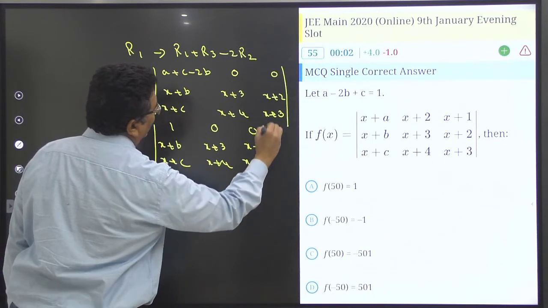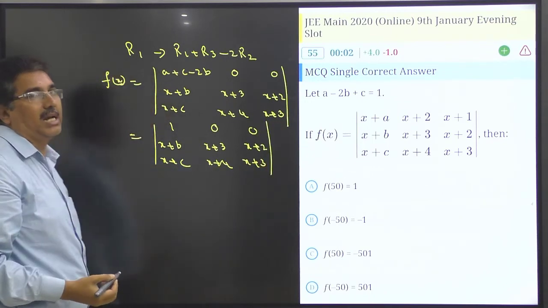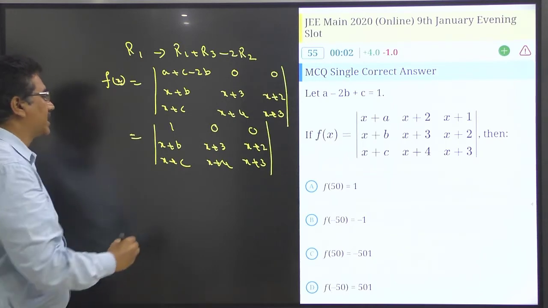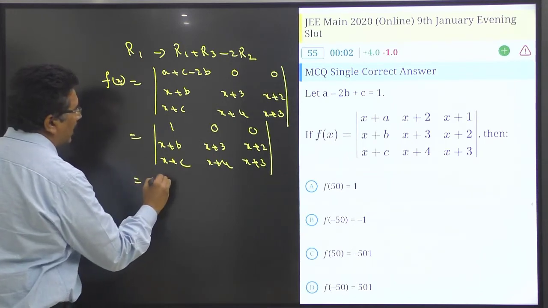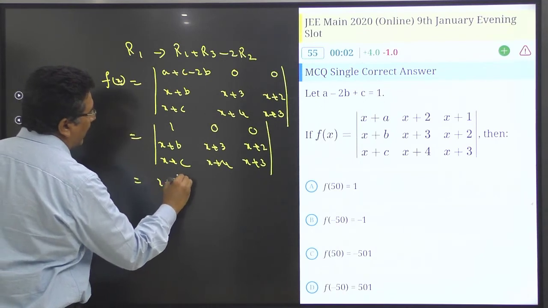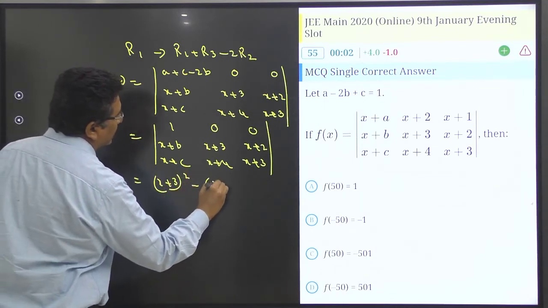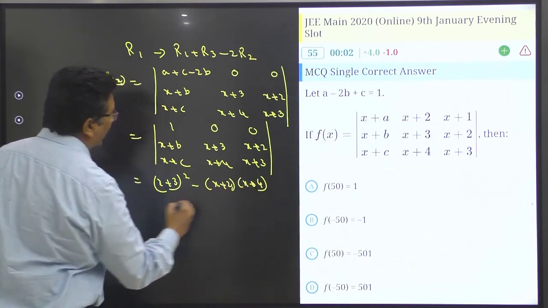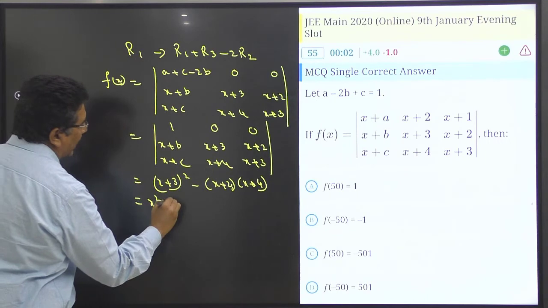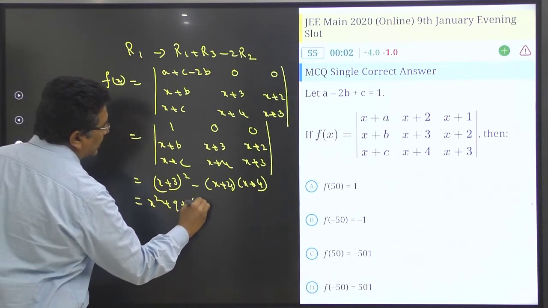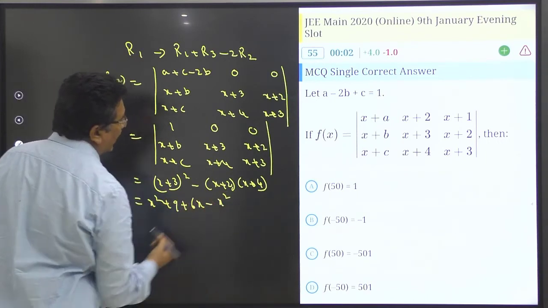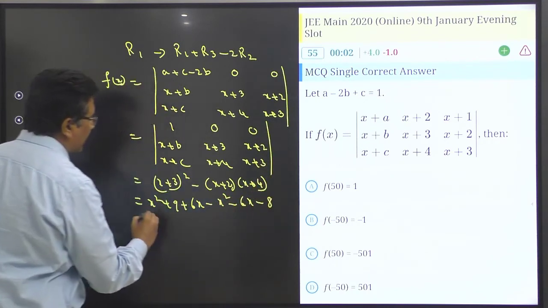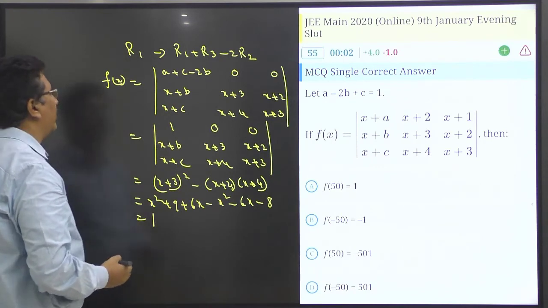Now expanding the determinant along the first row: that is equal to x plus 3 whole square minus x plus 2 into x plus 4, which is x square plus 9 plus 6x minus x square minus 6x minus 8, and that will be 1.